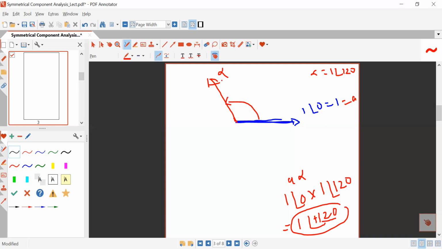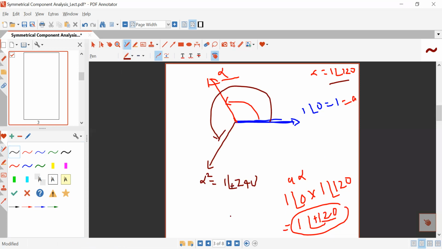When you again multiply alpha with this, again this vector will rotate by an angle of 120 degrees and you will get alpha square. If alpha is 1 angle 120, then obviously alpha square is 1 angle 240. From the reference, you can see this is an angle of 240 degrees in anti-clockwise direction.